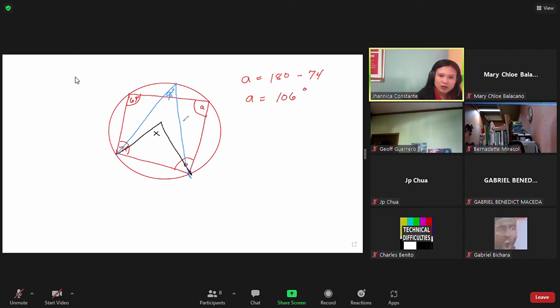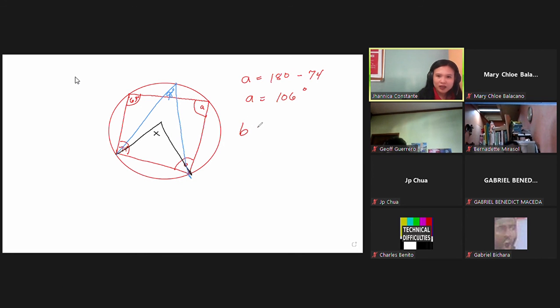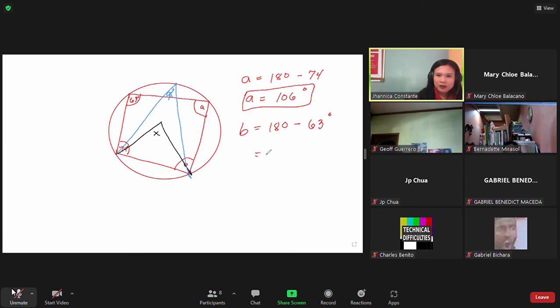So that's the measurement of our angle A. For the measurement of angle B, the same property, the cyclic quadrilateral. So 180 minus 63 degrees is equal to 117 degrees. That's the measurement of our angle B.